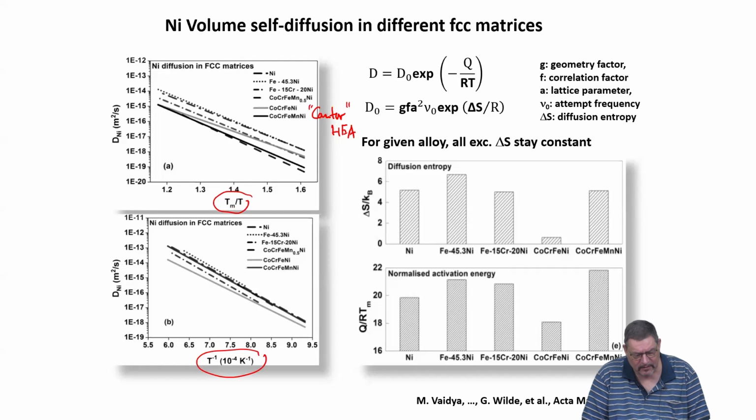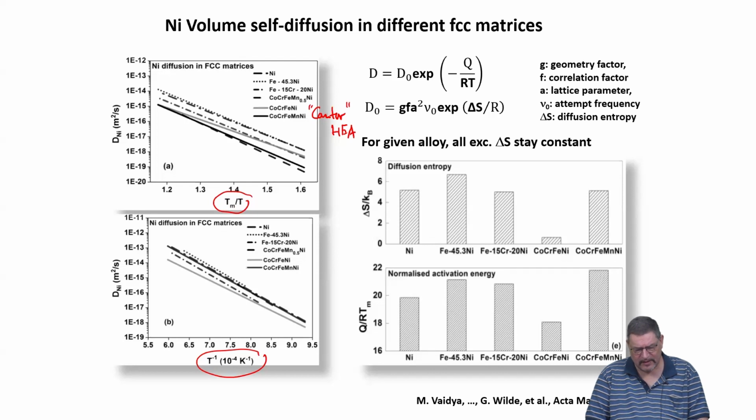And you can see what we basically concluded last time. First of all, a comparison is more meaningful if it is done in this Arrhenius representation as a function of the inverse homologous temperature, not so much in terms of the absolute temperature, because of the different melting temperatures of these matrices.